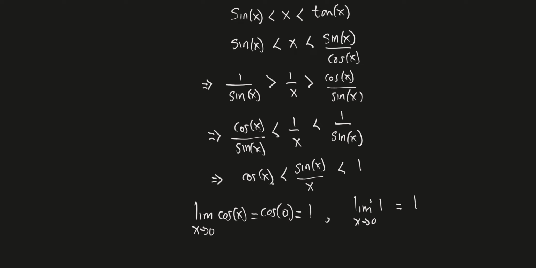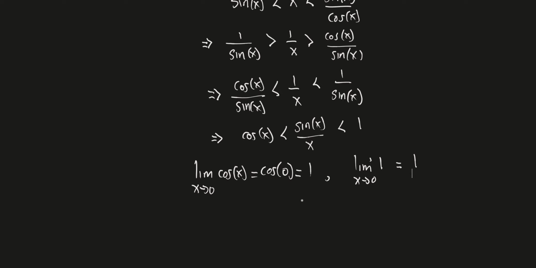So the lower function approaches 1, the upper function approaches and in fact is equal to 1. So then the function that's stuck in the middle, by the squeeze theorem, the limit as x approaches 0 of sine of x over x has to be equal to 1, right?